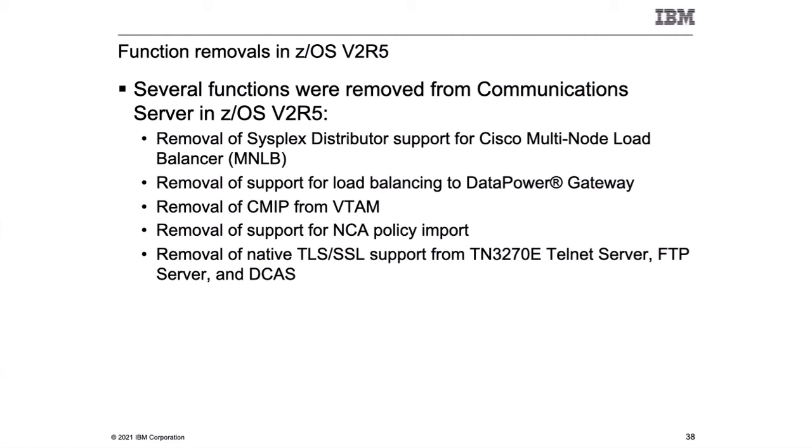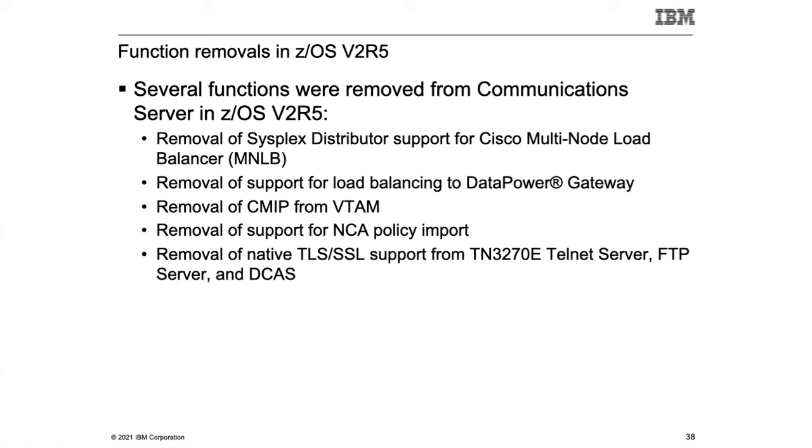The vast majority of you will not be affected by the first 4 of these. The one that I do want to draw your attention to, because it might be a little more problematic for some of you, is the last one in the list, the removal of native TLS/SSL support from the TN3270 server, FTP server, and the Digital Certificate Access Server, or DCAS.